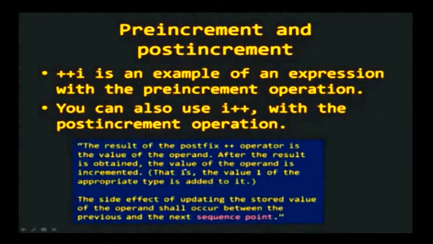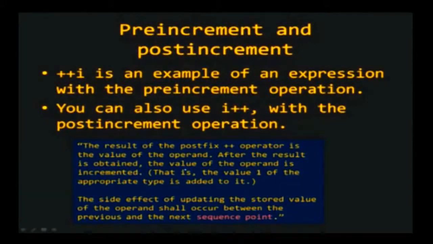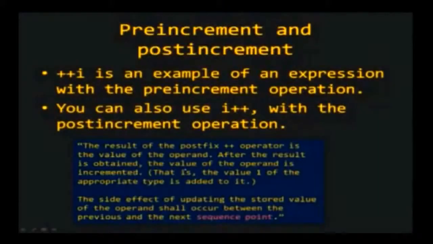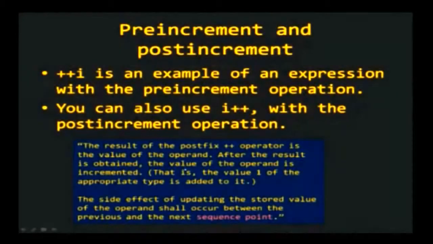So, to understand the general case, instead of writing a few examples and compiling and seeing, one way to do it would be to go to the C standard and say, okay, what does the standard say? And here it is slightly surprising. So, the result of the postfix operator is the value of the operand. So, this is the old value of the operand that will be returned.